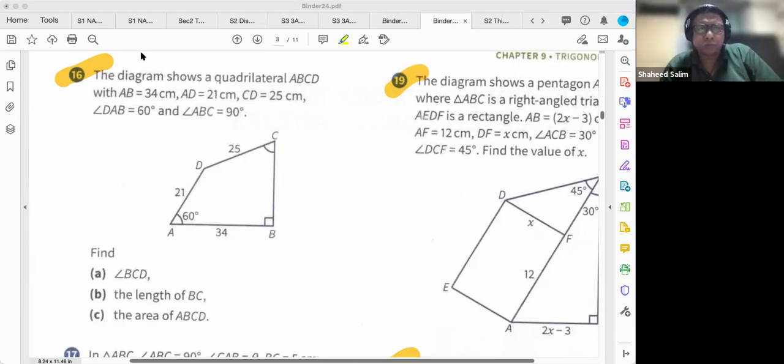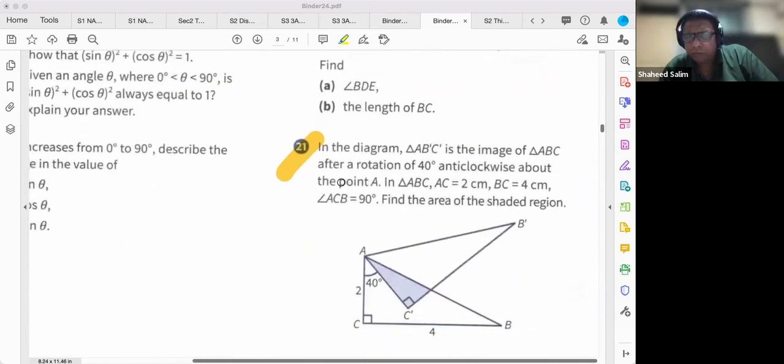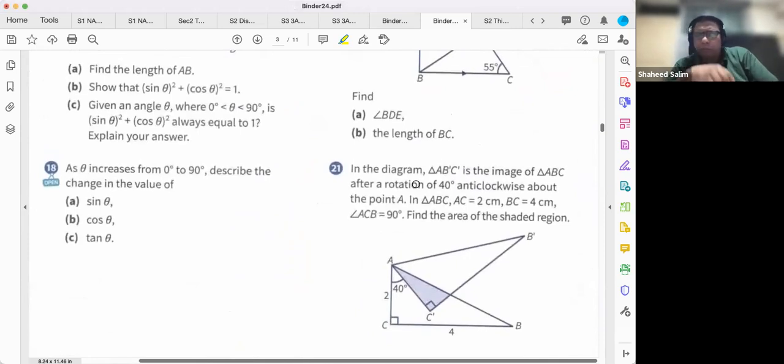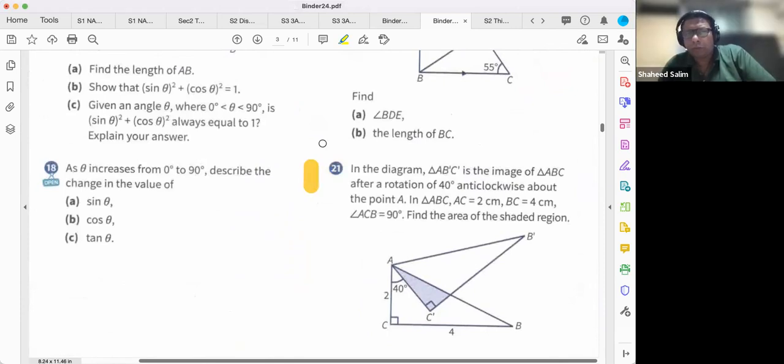Well done. We do one other one, with this one. Which one? 21.